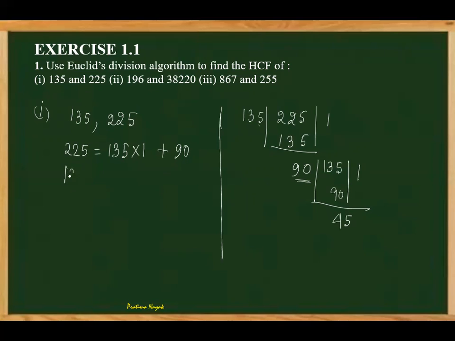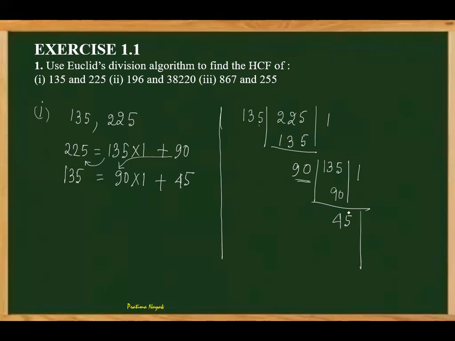So here I'll write 135 is equal to 90 into 1 plus 45. That means D will come to the place of C and your remainder will come to the place of D. Still the remainder is not equal to 0.